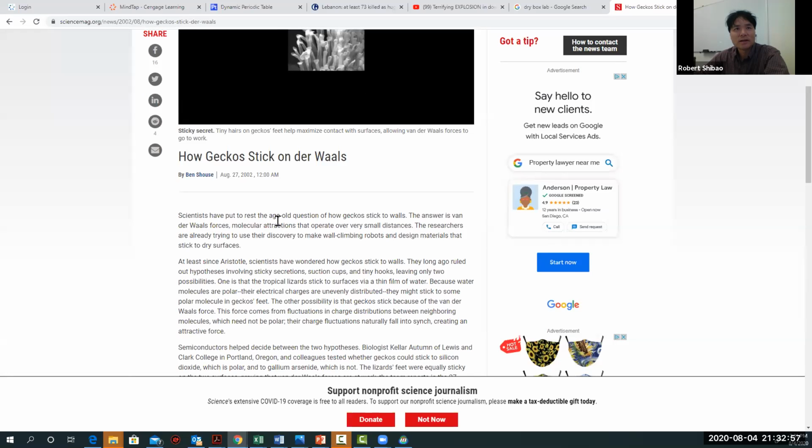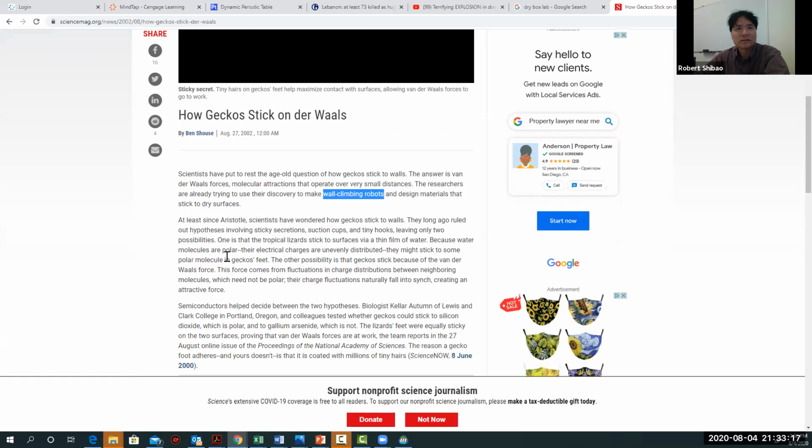Scientists have put to rest the age-old question of how geckos stick to walls. The answer is van der Waals forces, molecular attractions that operate over very small distances. And so obviously they're trying to make this into a technology, wall climbing robots, or design materials that stick to dry surfaces.